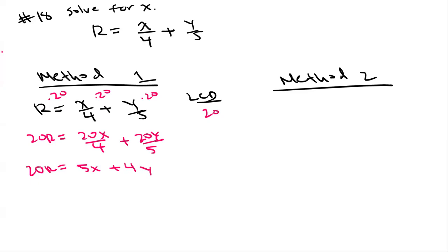Okay. All right. Then again, I want to get x by itself. So I need to subtract 4y, right? So we get 20r minus 4y equals 5x. Okay, what's our last step?